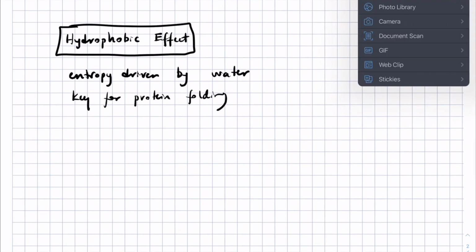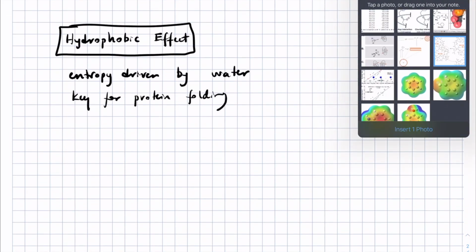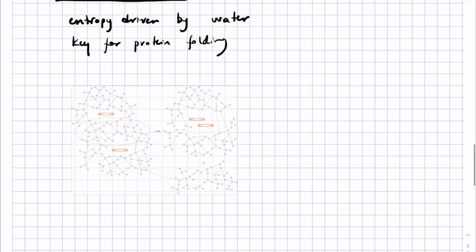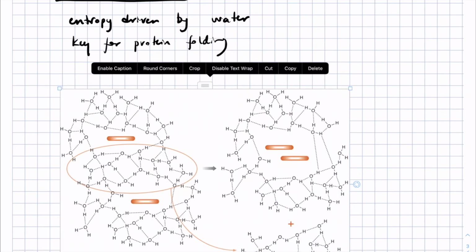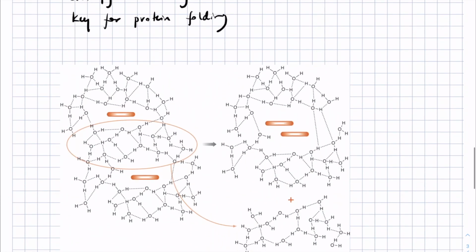All right. So here's an image from your text. And it shows a network of water molecules around some nonpolar things. And then it shows that same network of water molecules when the nonpolar things are together.